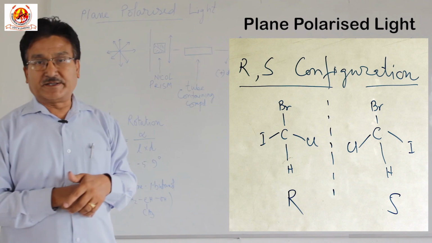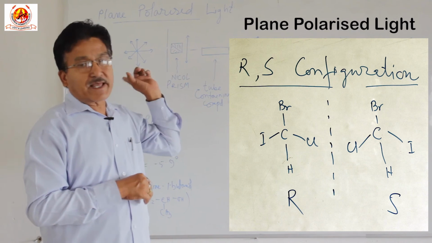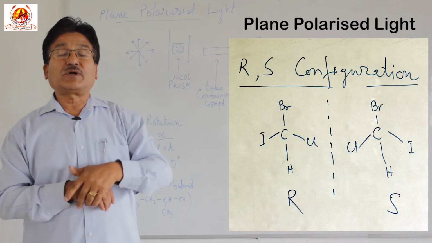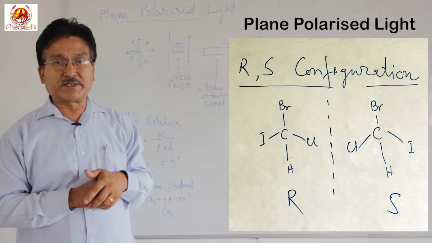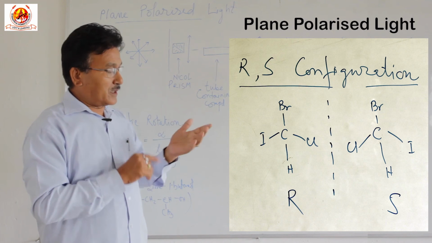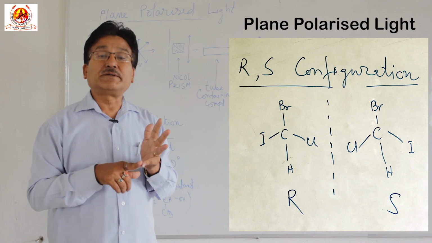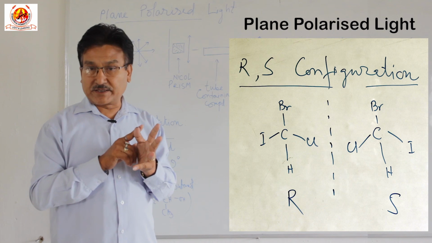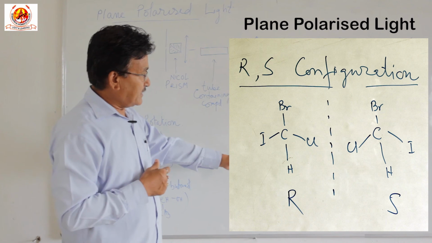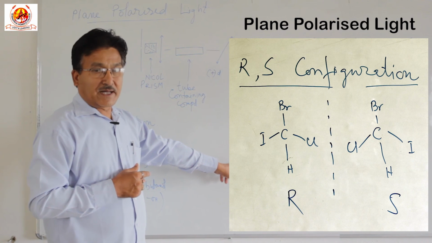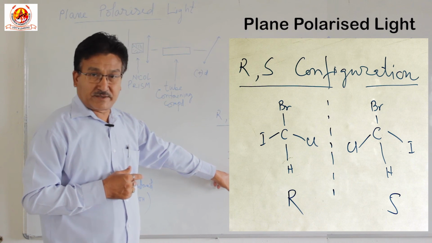What is this priority then? Priority, as I have done earlier in the case of geometrical isomerism, the larger atomic number will be priority one, and so on. In this case, you see iodine is the largest and hydrogen is the least.